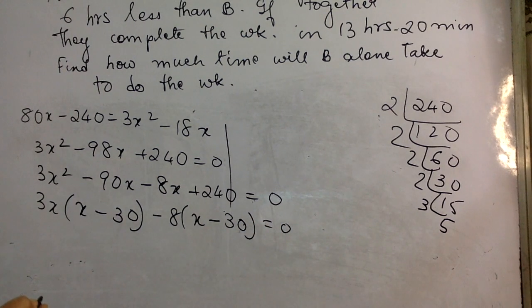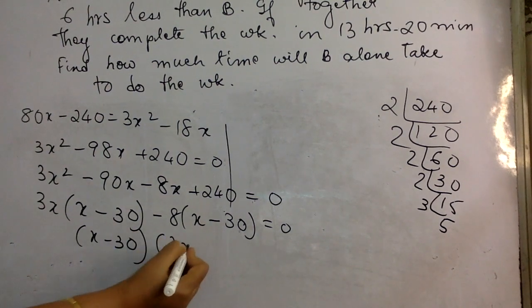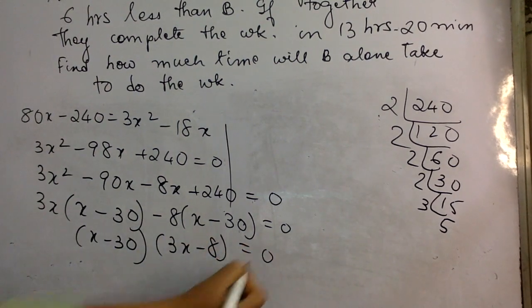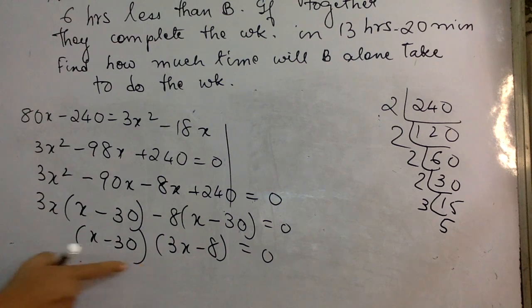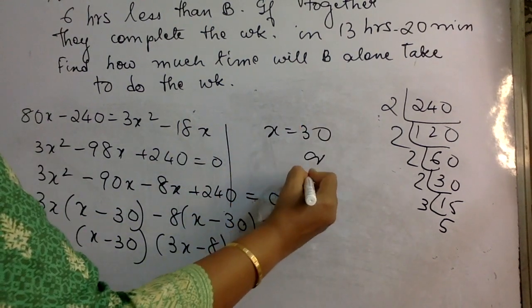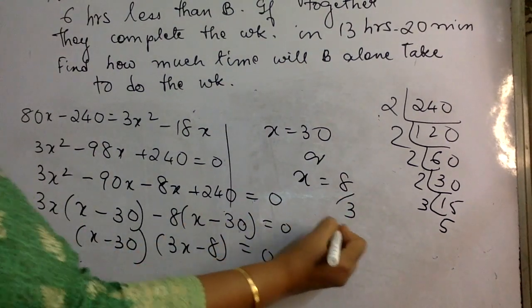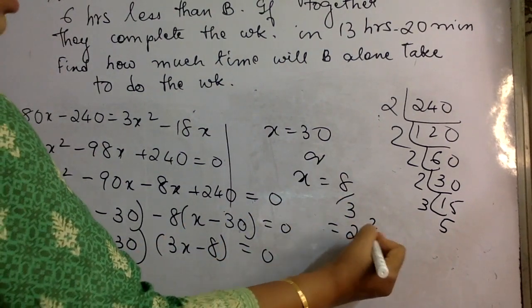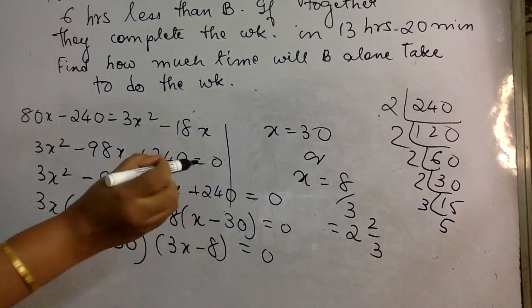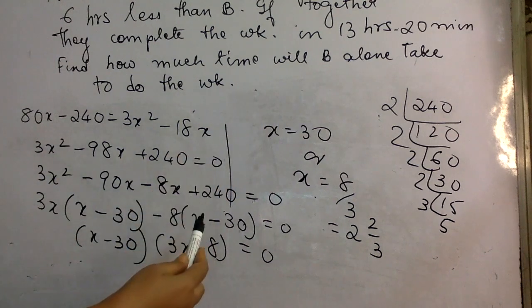Okay, so x minus 30 and 3x minus 8. From here I get either x is equal to 30 or x is equal to 8 by 3. I cannot take the value 8/3 because it is less than 6, and we have to subtract 6 from it.